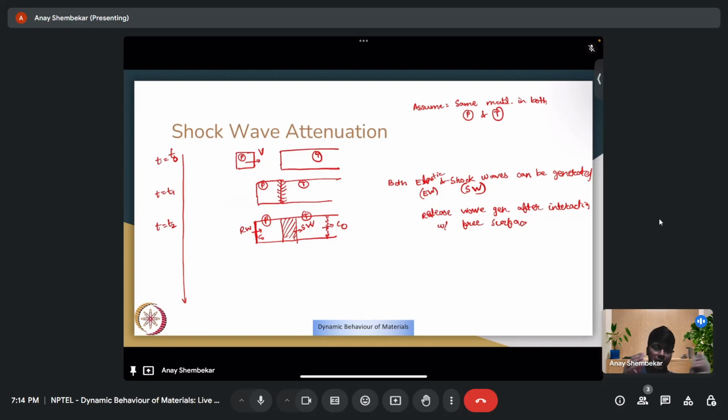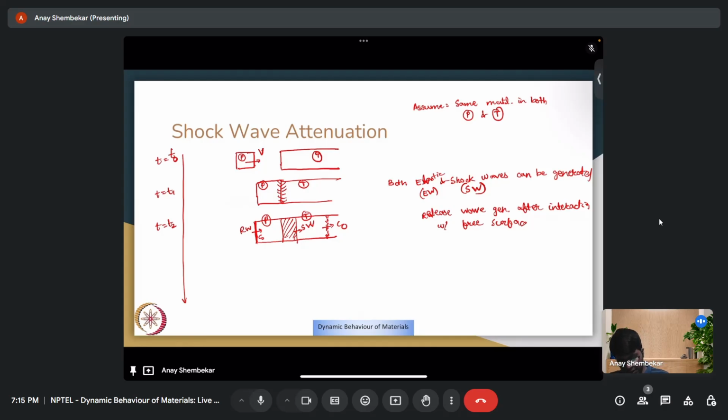So there will always be some amount of material which will be elastically deformed, and assuming that the target is infinitely or very long in the right-hand side direction, that small amount of material will always be deformed, and that deformation will move ahead with the elastic wave velocity c naught.